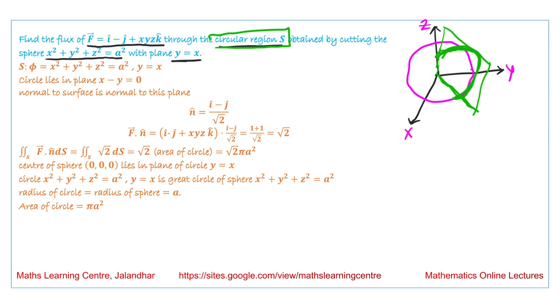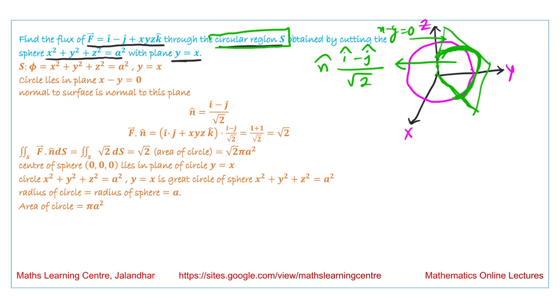The equation of this plane is x minus y equal to 0. So the normal to this surface is i cap minus j cap divided by square root of 2. This is the value of n cap.